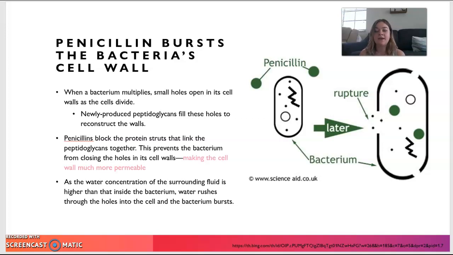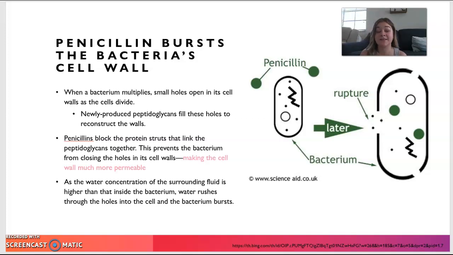So without that happening, the bacterium isn't able to close in those cell walls. So the peptidoglycan is really what plugs those small holes, and penicillin is really binding to and blocking that protein that's keeping the peptidoglycan together, so it can't plug up those holes.